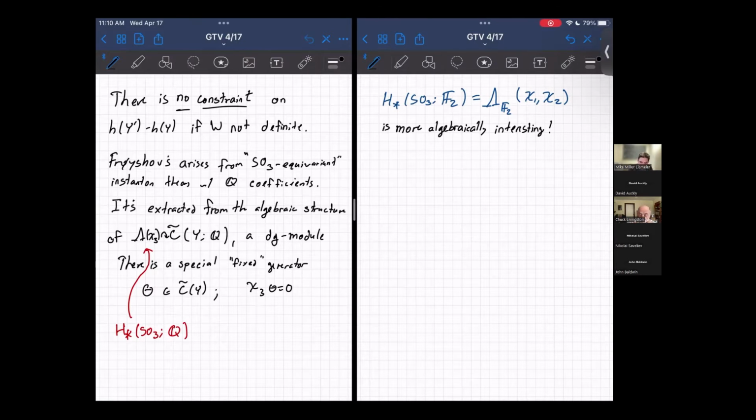So I want to suggest that we'll get somewhere useful by looking at the structure of the analog of this tilde complex over F2 with this more complicated algebraic structure.